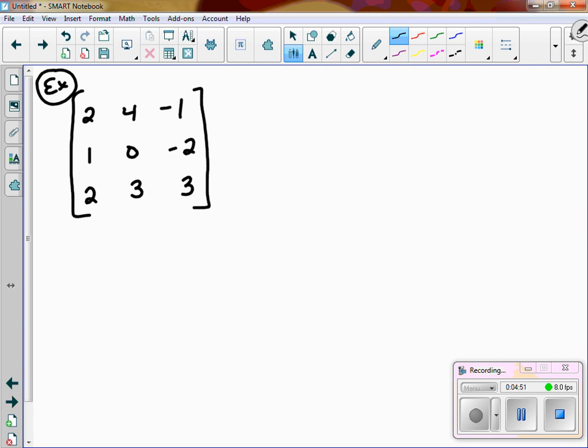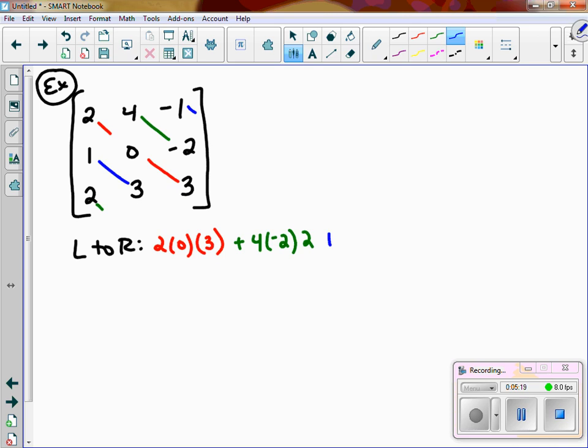So again, I'm going left to right. Let's start off my diagonals. So I've got the 2, 0, and 3, plus the 4, negative 2, and 2. And my last diagonal is that negative 1, 1, and 3.